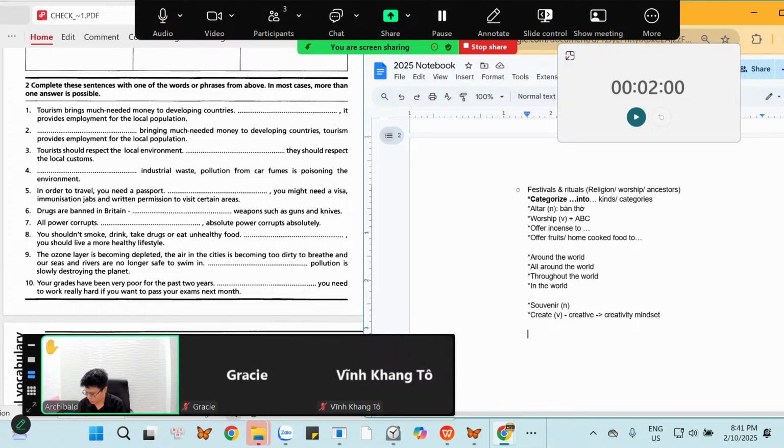Worship. Worship. This is part of the country's religion. Worship. So that is a part of a country's religion, worship. That is a part of a country. What is the part?